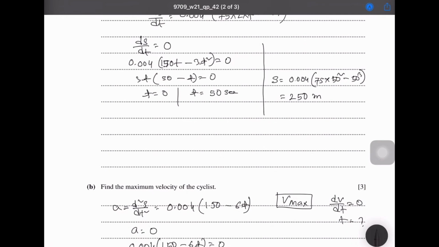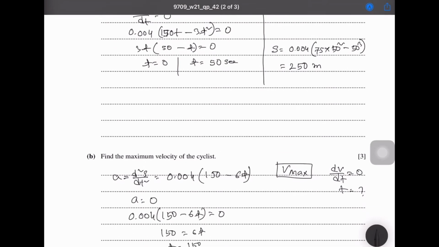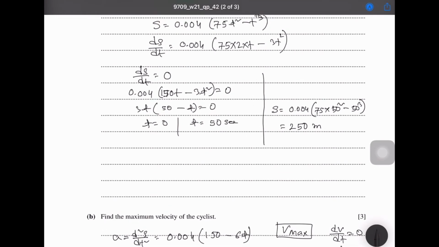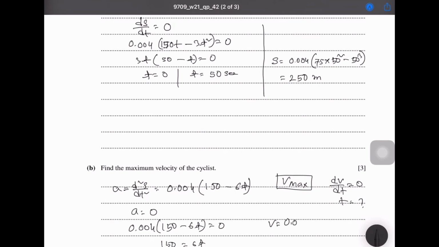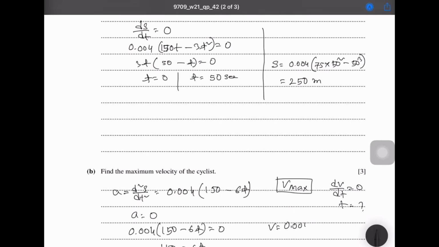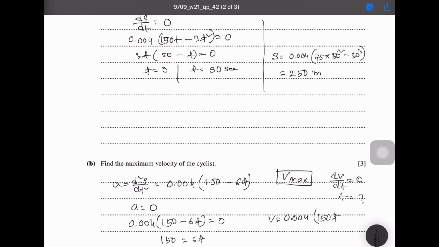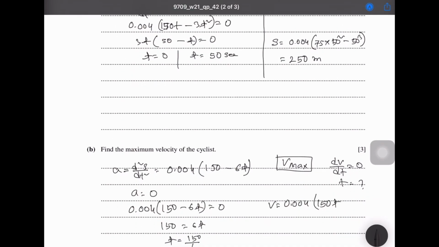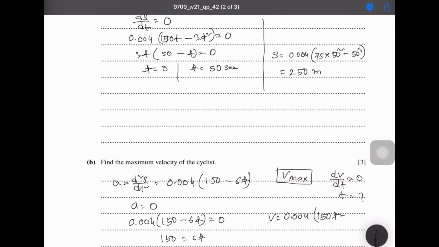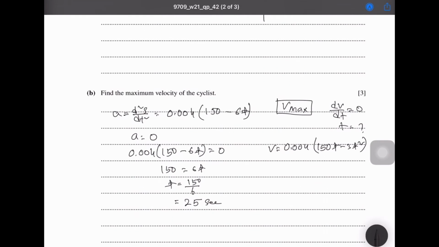So let me use these values to find velocity. Velocity is 0.004 times 150t minus 3t square. 0.004, 150 into 25 minus 3 into 25 square.